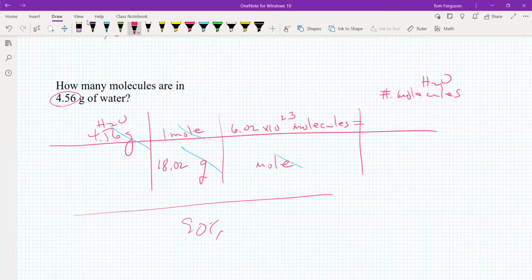Now, during a test, I recommend that you do the setups first. In case you run out of time, you'll have the setups done, which are worth most of the points in the problem. Now, I'm going to be proctoring your tests. You're going to be given written tests during lab. If you look at the lab schedule, you'll see when those tests are going to be given.